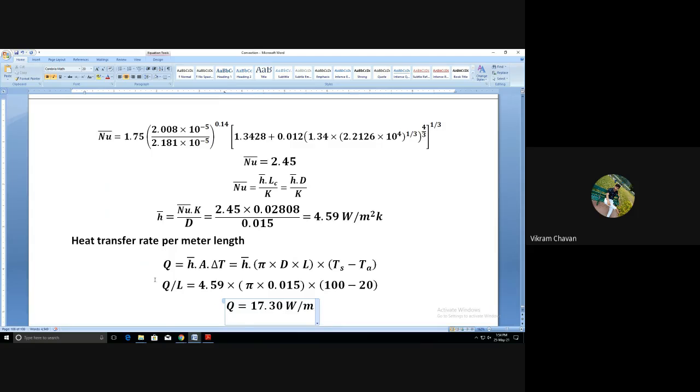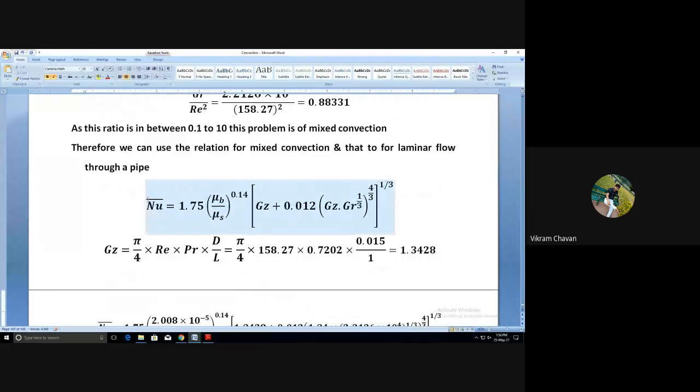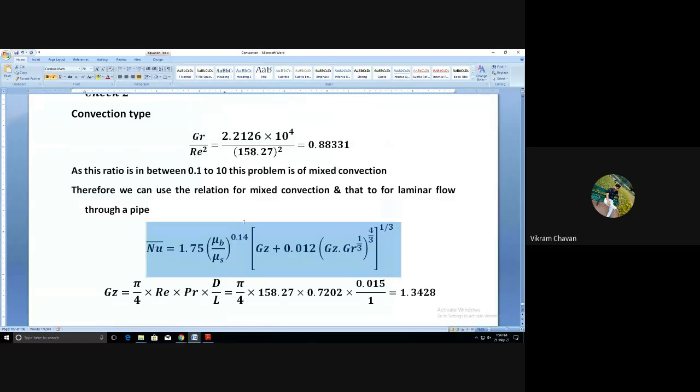So in this fashion, we have to solve the problems on mixed convection. The major question is about the empirical correlation. You have to remember some of the empirical relations, these two empirical relations for the flow through pipe.